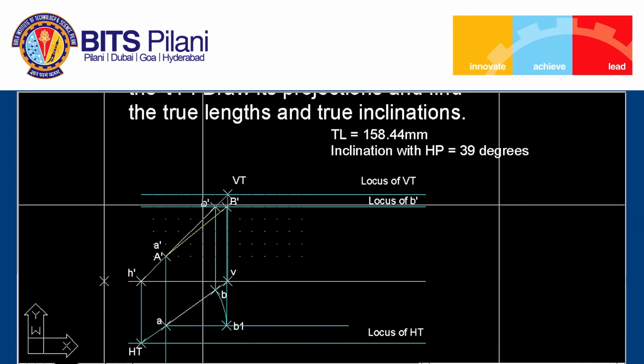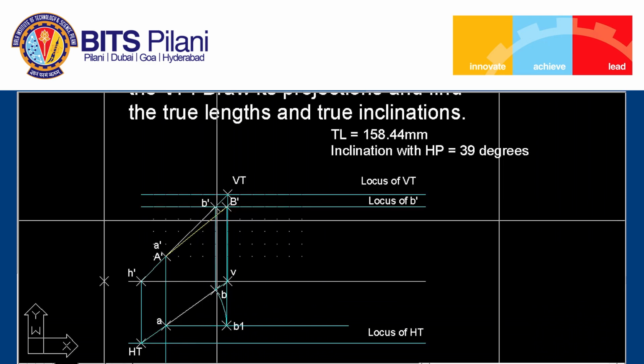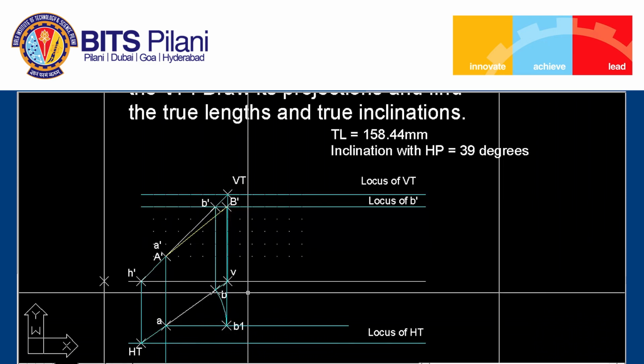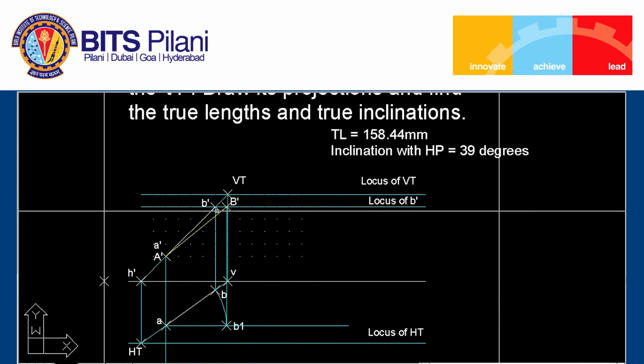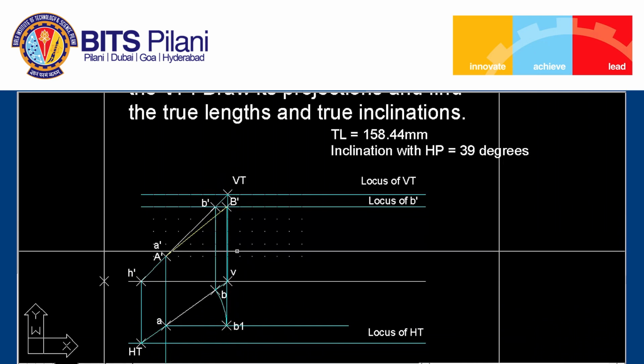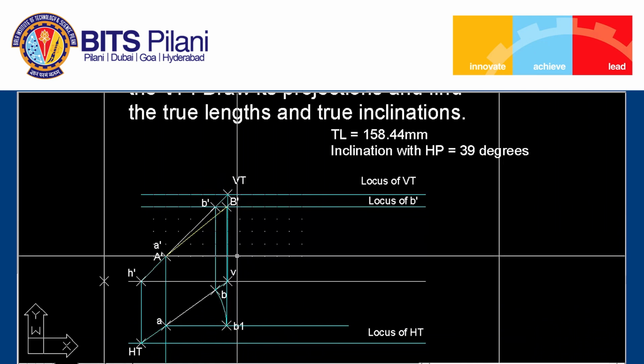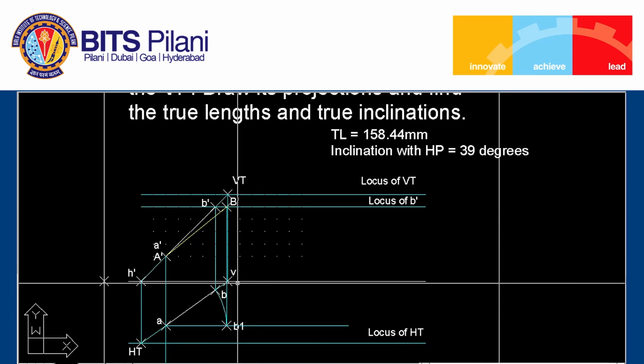That means we know the point small b1 prime, and from small b1 prime we should obtain the point capital B. How to obtain it? We have to rotate b1 prime till the locus of A prime, that is the point B1 prime, then project that point till the locus of B.